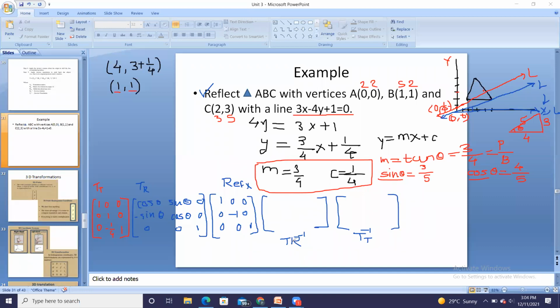Put करा values. TR inverse ने काय येईल, तुमचा anti-clockwise rotation होतंय with same degree theta. So I will have here anti-clockwise rotation म्हणजे आता इथे मायनस येईल. Then here I will have sin theta.